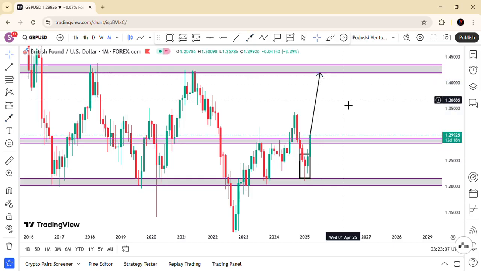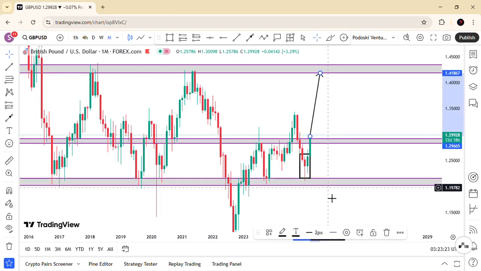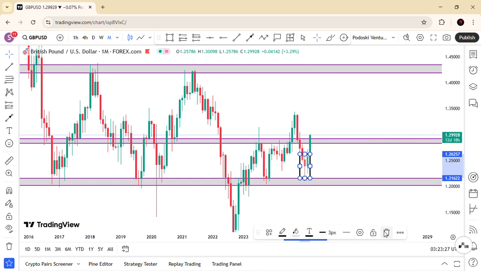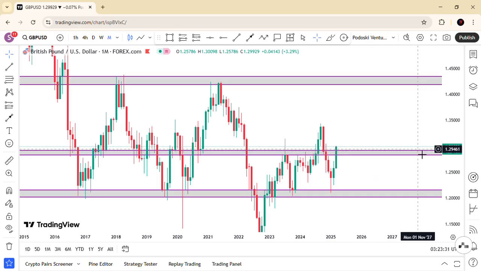It's no more a 50-50 chance, but now it's like a 70-30 chance of price touching the monthly high. But we can't really tell, we just have to wait and see what the market does. So with that being said, let's move on to the lower time frames and pick an entry, since we know we are in a buying market.